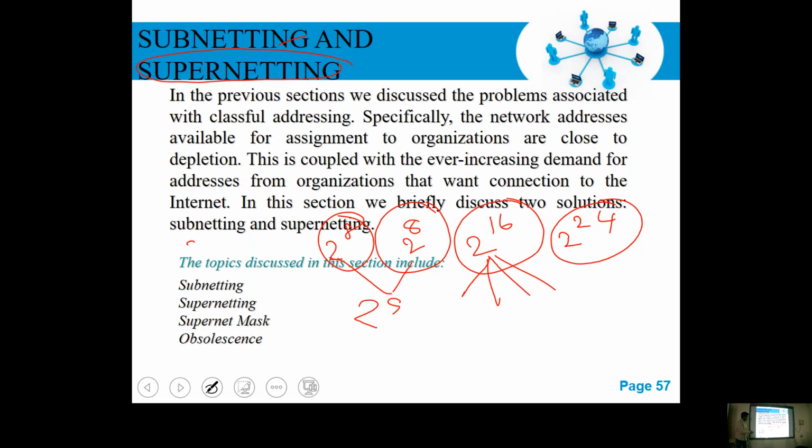We will be looking at how to do subnetting and how to do supernetting. For example, if I consider class A, we have a default mask, right?